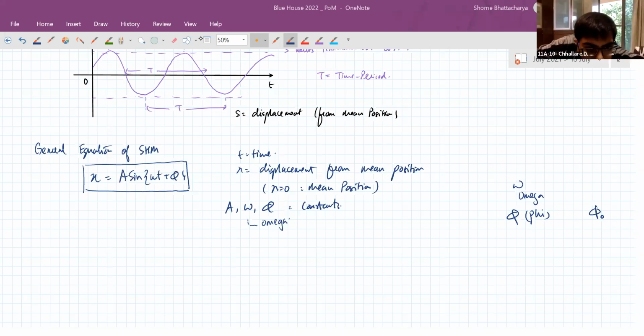Don't worry. Just to give you a physical example, if you have a simple pendulum, first of all, the pendulum's motion is angular. It's not along a straight line. So that itself makes it an angular oscillation and not a simple oscillation.